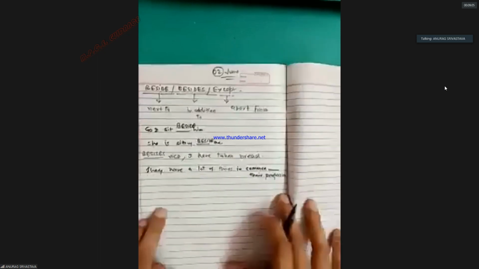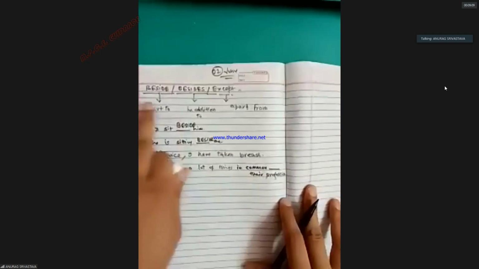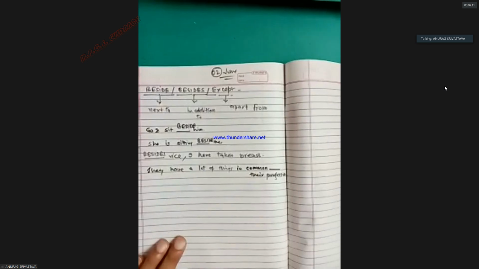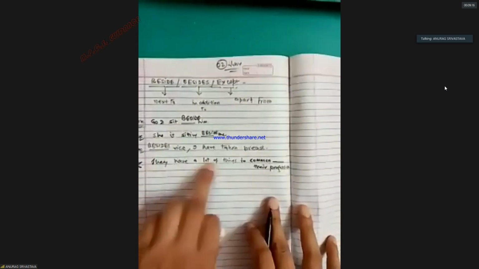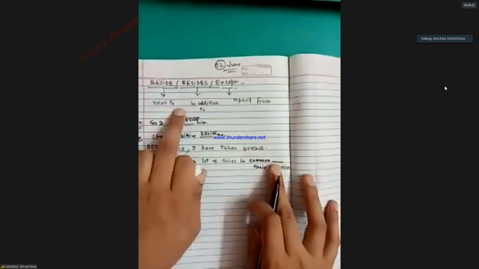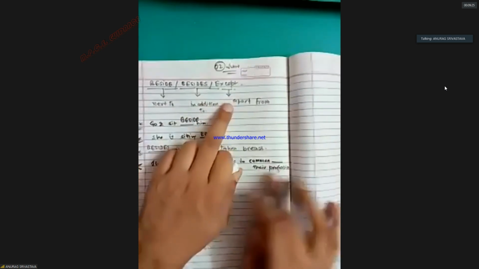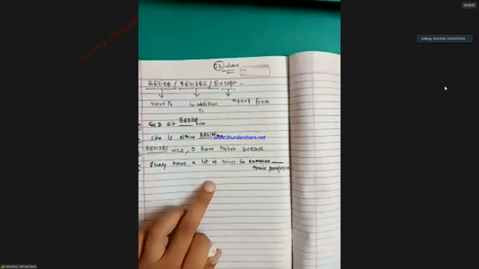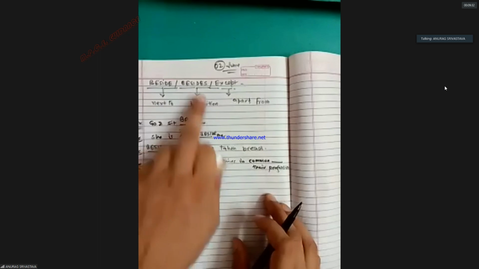The sentence is saying that they have a lot of things in common. Out of these three prepositions, which will be placed here to make sense? Things in common next to their profession, in addition to their profession, or apart from their profession. So the sentence will have complete sense by placing besides.